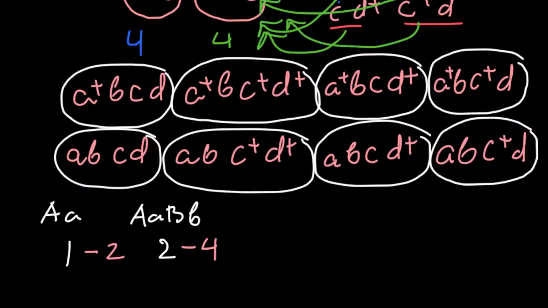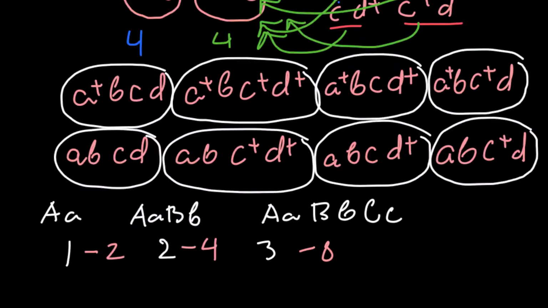And genotype that is, for example, capital A small a, capital B small b, and capital C small c, how do you think how many variants it would produce? We already discussed this situation here. It would produce 8 variants. Variants of the gamete, so 3 genes would produce 8 variants.